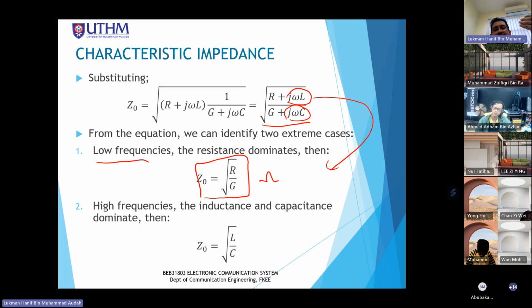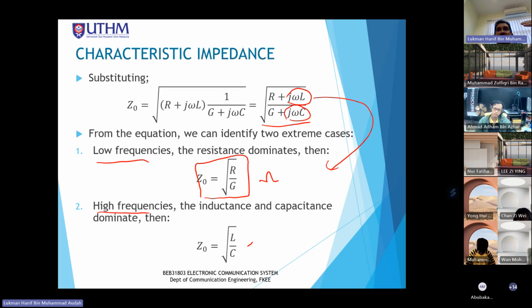And if we use high frequency transmission, the resistive components would be very small compared to the reactance components. So that's why we can simplify the equation to become Z0 equals the square root of L over C, inductance divided by capacitance.